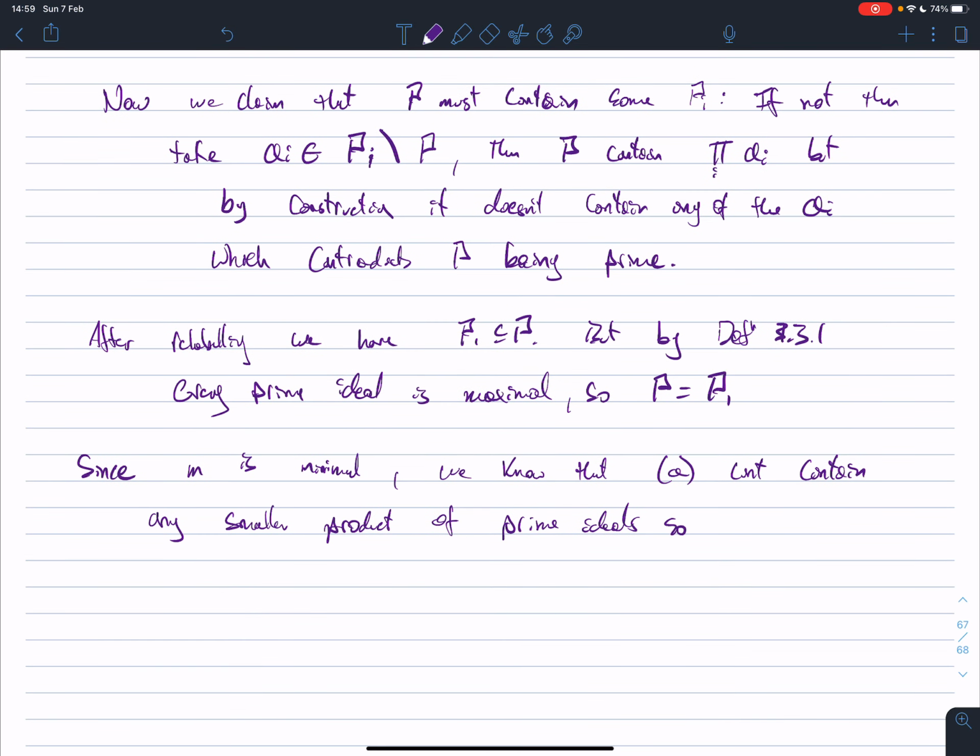So we can find some element b in the following set: take the product from i equals 2 to m of these P_i's and then remove the ideal A. Right? This is a product of fewer prime ideals, so this can't be contained in A. So I should be able to find some element in here which is not in A, and I'm going to call this b.